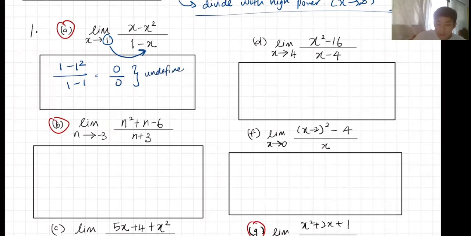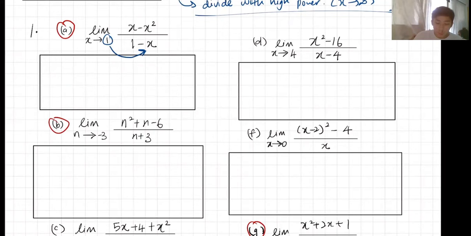It's undefined mathematically. You cannot define what is 0 over 0, and if you type it into your calculator, 0 divided by 0, you shall get a maths error. This is why we need to do something about it.